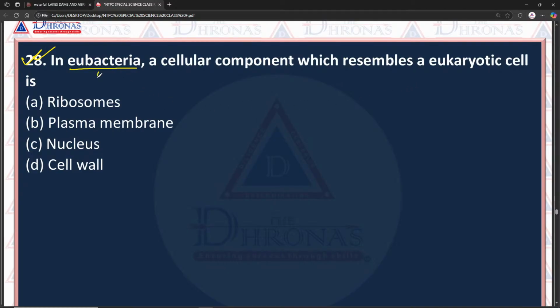Eubacteria is a prokaryote. Which one resembles the eukaryotic cell? Ribosomes are present in both, but the variants are different. In prokaryotes, the ribosome is 70S. In eukaryotes, the ribosome is 80S. So what else could have the same structure? Can you guess?